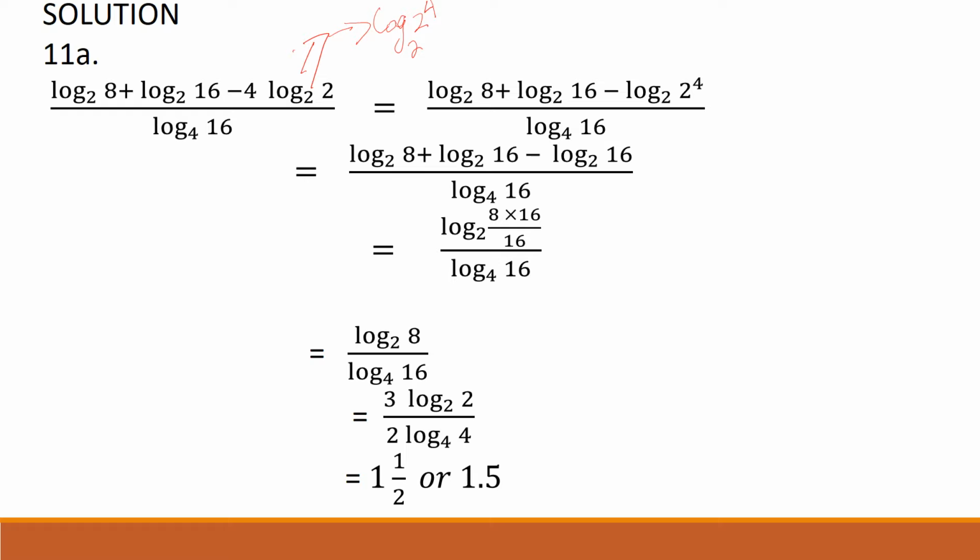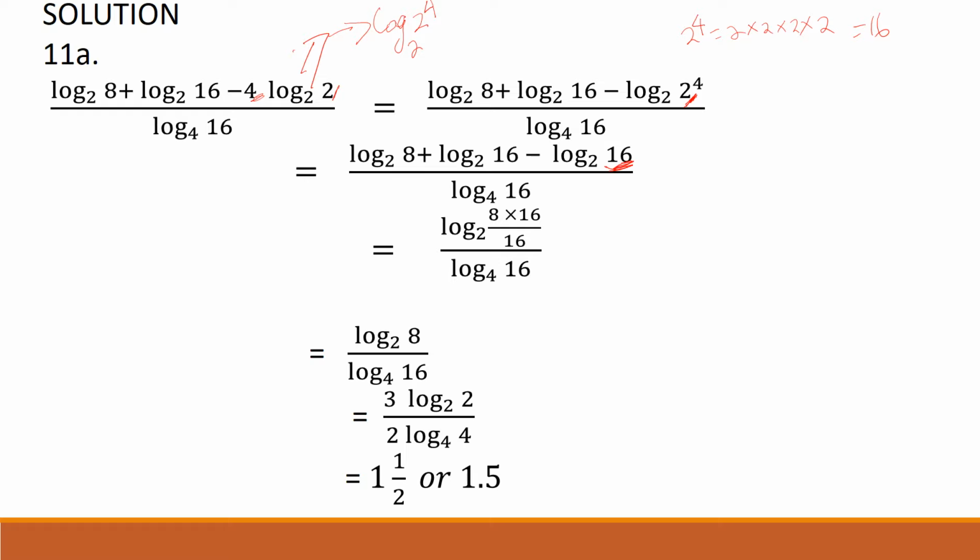I'll take this 4 as the power of this 2. So 2 to the power 4 is 2 multiplying itself in 4 places, and that gives us 16. So that's where the 16 is derived from.